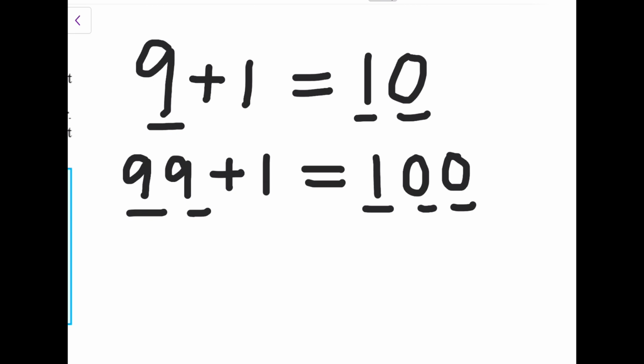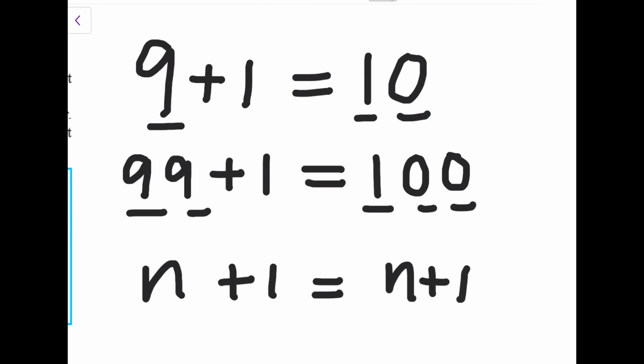If you add 1 to the largest n-digit number, you will get the smallest n plus 1 digit number.